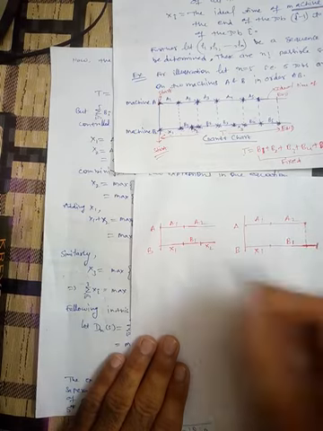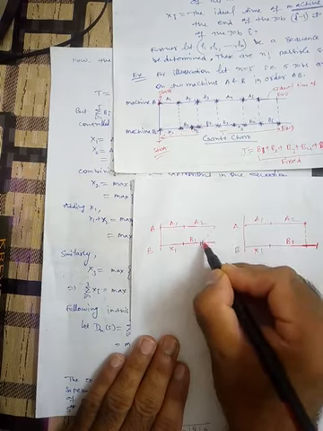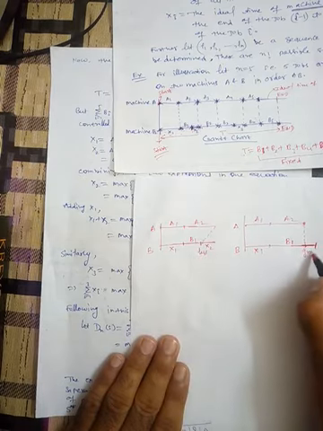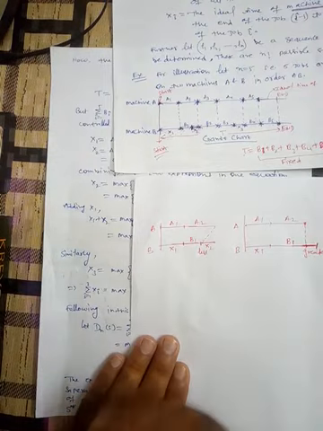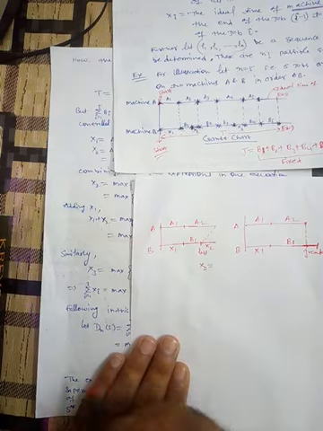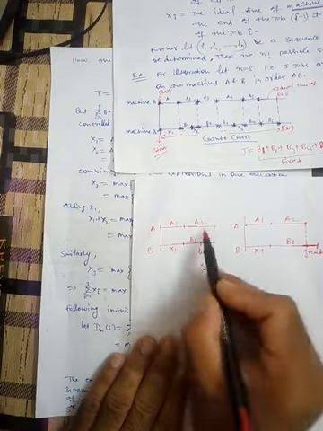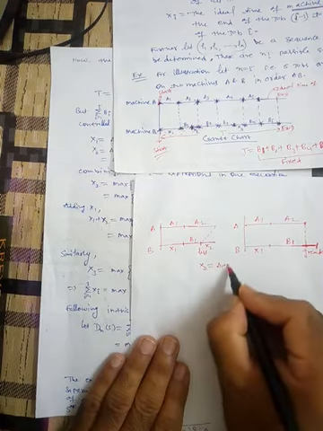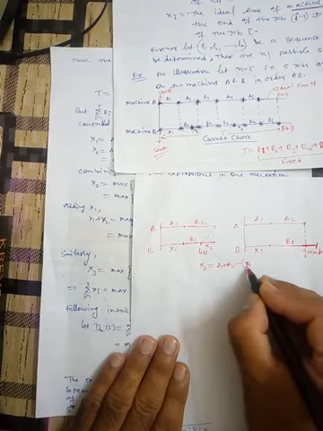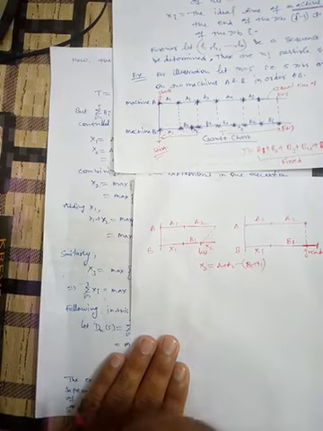This is greater than this. However, here this is less than, this is less than, this is greater than. Fine. So in this case, x2 is equal to what? A1 plus A2 minus x1 plus B1, or B1 plus x1.